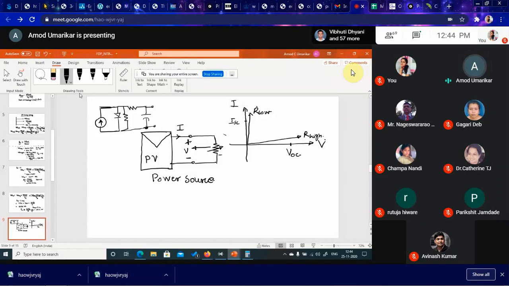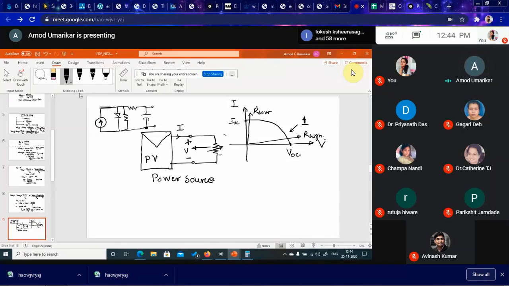When we vary the resistor, we get a locus of this V and I. We get this kind of locus of variation for a given insolation, or radiation, or irradiation.